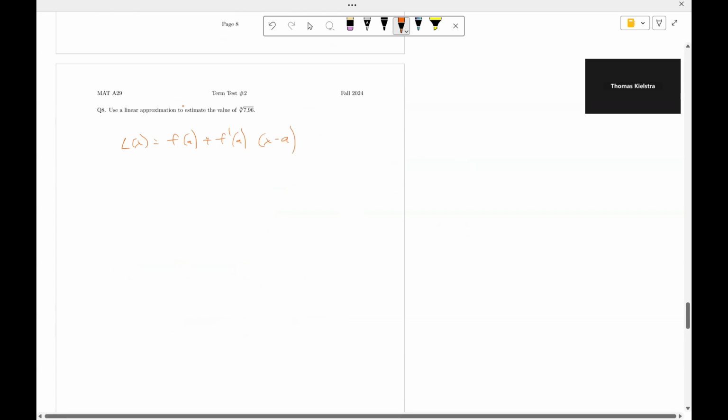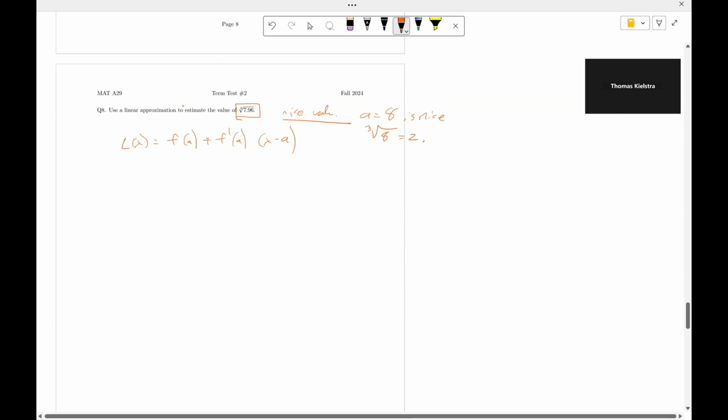Now, here, when we're looking at a cubed root, we want a nice value. The nice value that we're going to use is a equals 8. Why? Because the cubed root of 8 equals 2.